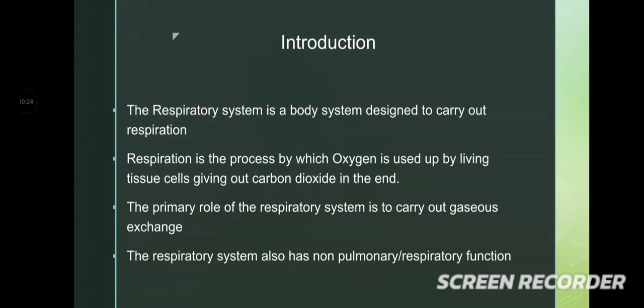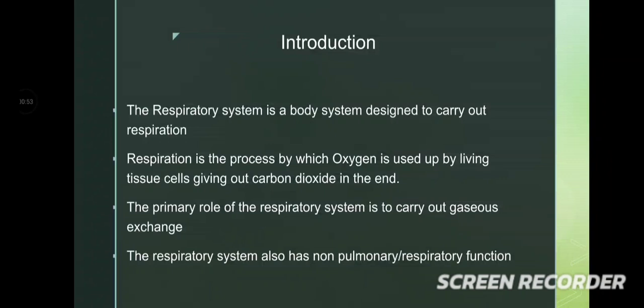Now, the respiratory system, just like many other systems, is a well-organized and tightly regulated system, and the main function is to make sure that there is oxygen available for the body to make use of to carry out various physiological and biochemical processes that happen in tissue cells.